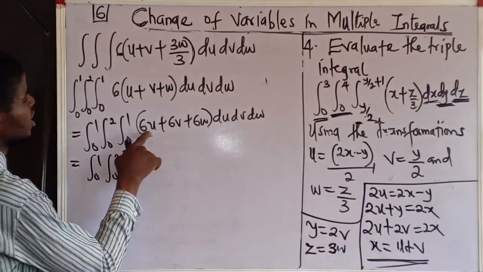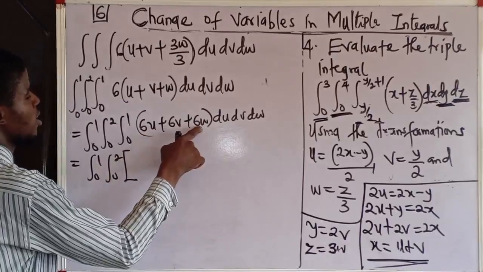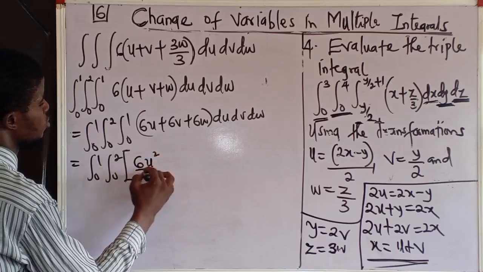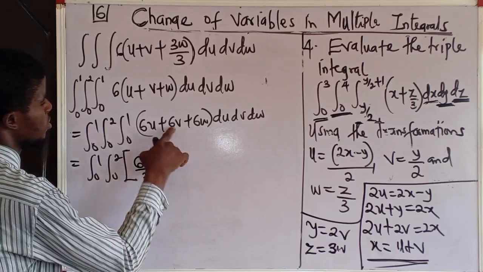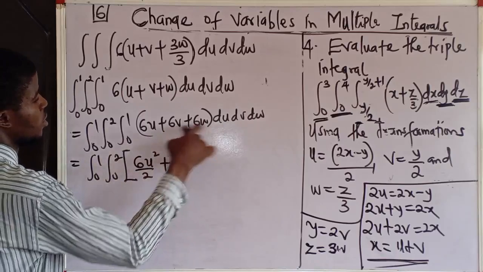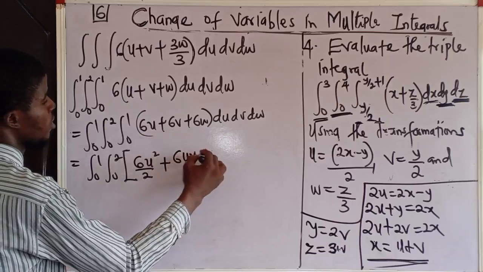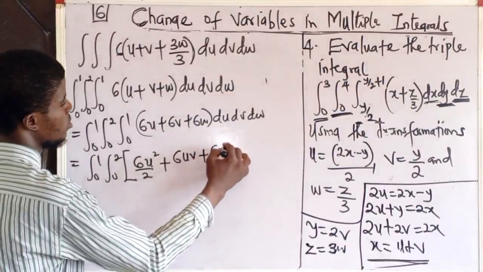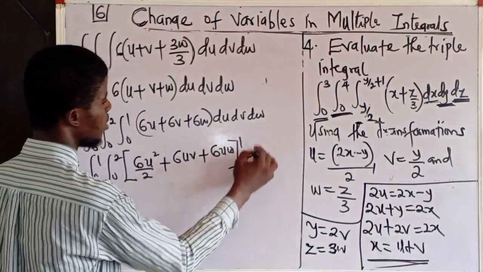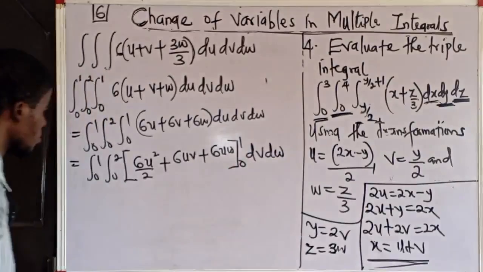If we integrate this with respect to u, keeping v and w as constant, we'll be having 6u squared over 2 plus 6uv, the same thing here, 6uw, from 0 to 1, dv, dw.